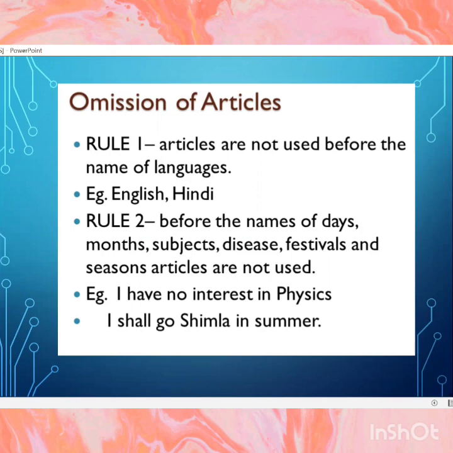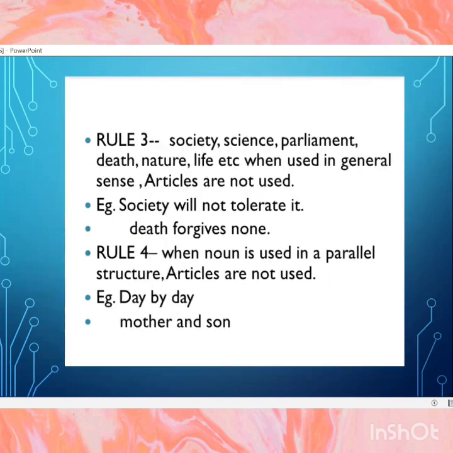So dear children, with these examples, I hope the concept of the omission of articles is clear to you. Now, rule number 3 says we do not use articles before society, science, parliament, death, nature, life, etc. When used in a general sense, articles are not used.